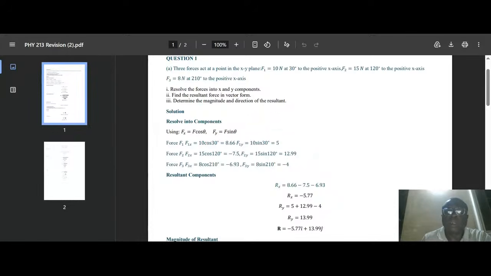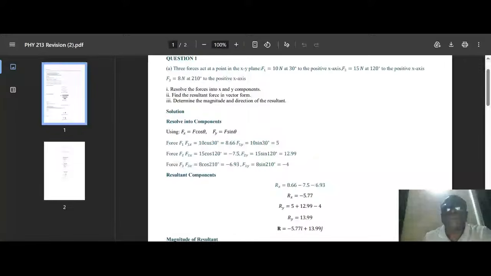Just point out where the challenge is. Okay, no, I can't hear you. You can adjust the volume of your phone or your device. Adjust the volume of your device, please.